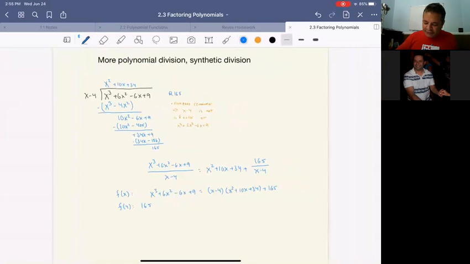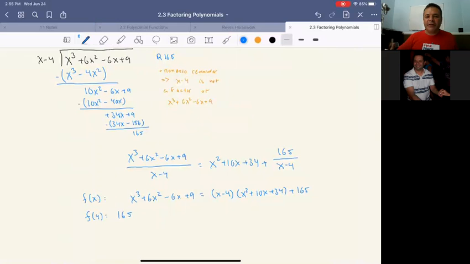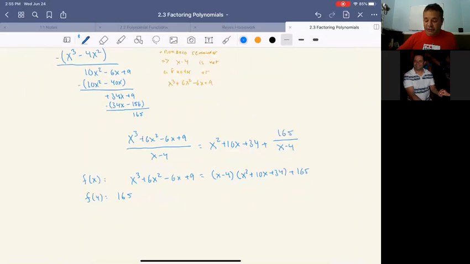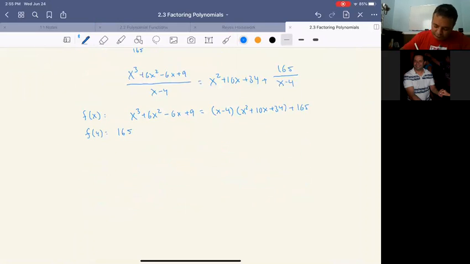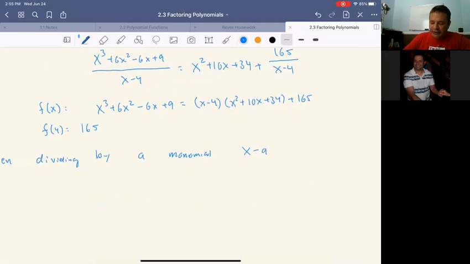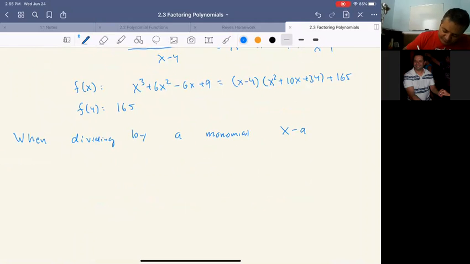We'll talk about that a little bit more later, but I want to show you how to do this with synthetic division. When you're dividing by x minus a, you can do synthetic division.